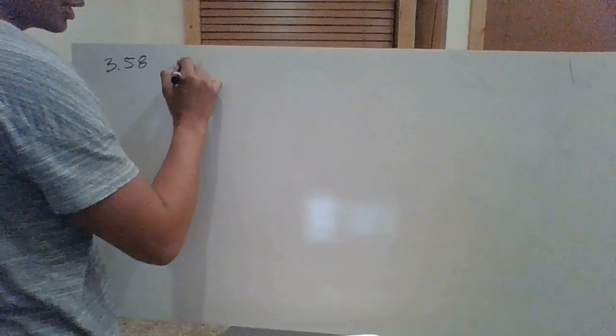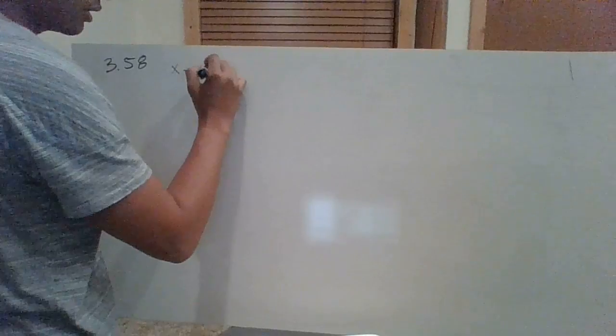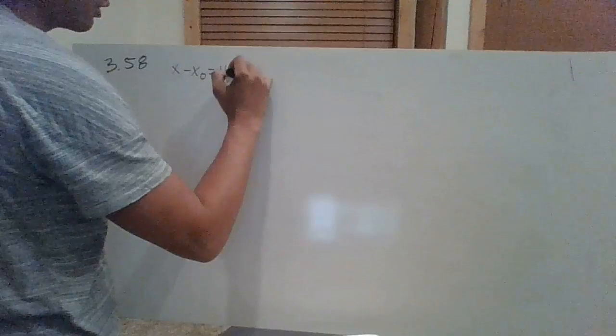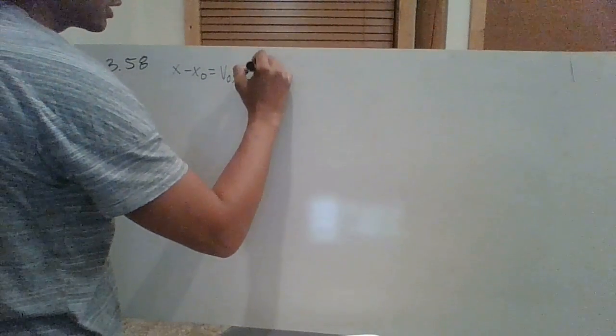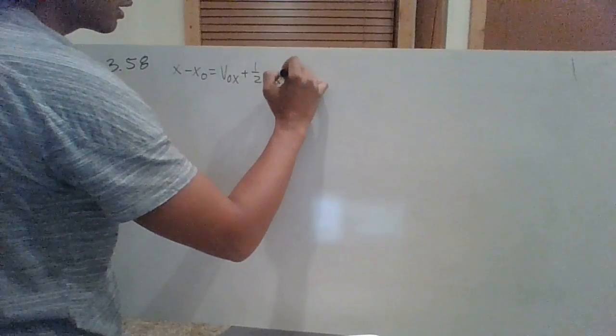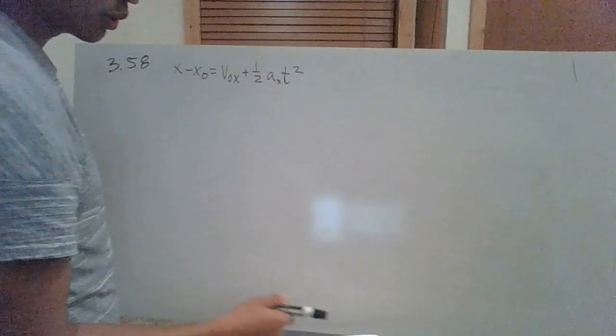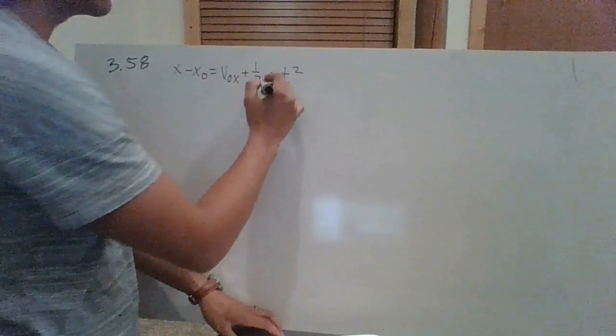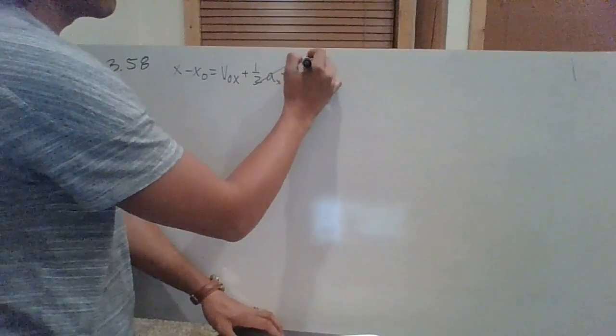So in the x direction, we know x minus x0 equals initial velocity in the x times t plus 1/2 acceleration in the x times t squared. Well, we know the acceleration in the x direction is 0, so we can just get rid of that.